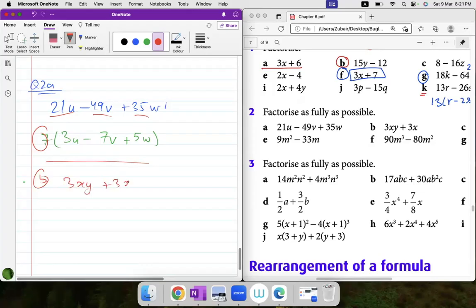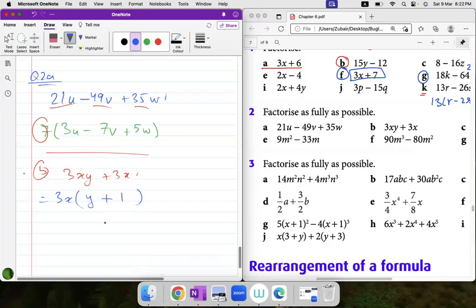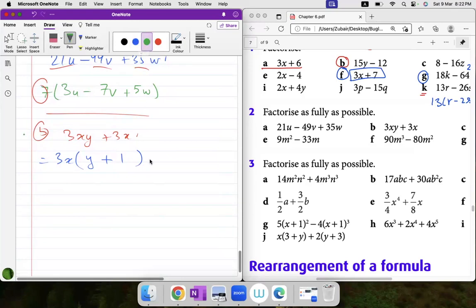So question B part, 3xy plus 3x. 3 in brackets xy plus x. What do you think about this? Even if we do it that way, it won't be wrong.